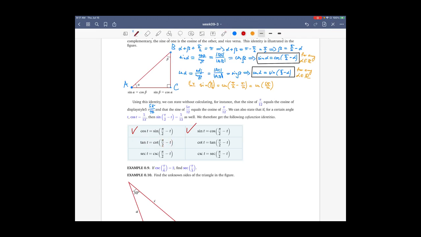Well, if you write cotangent of pi over 2 minus t, and use the definition of cotangent as the ratio of cosine and sine, that's simply the definition of cotangent.